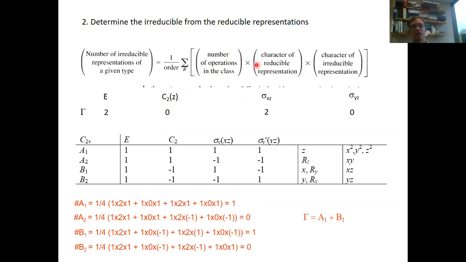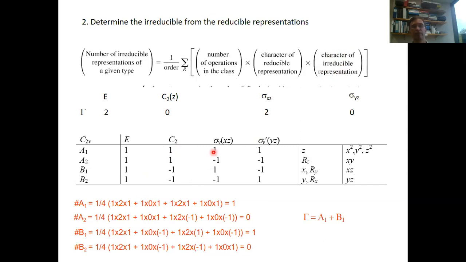So now the character of the reducible representation for C2, previously determined, is 0. We multiply 1 times 0, and then we multiply the character of the irreducible representation with that, and that's actually this character here, and that is 1. So that's 1 times 0 times 1.